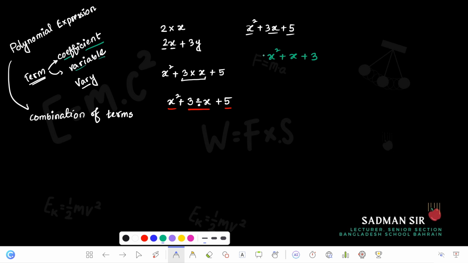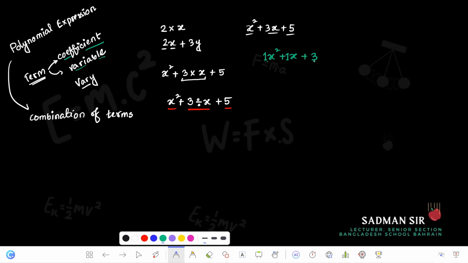With x square there is no coefficient written, so you might think that this does not qualify to be a term. That is not actually true, because whenever there is no coefficient written, it is automatically considered to be 1, like 1 x square. Here the coefficient is 1, and the same goes for this one, the coefficient is 1.